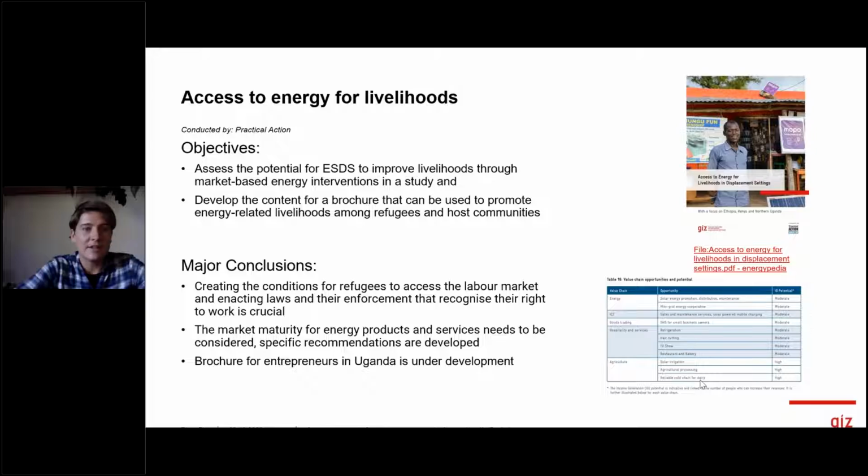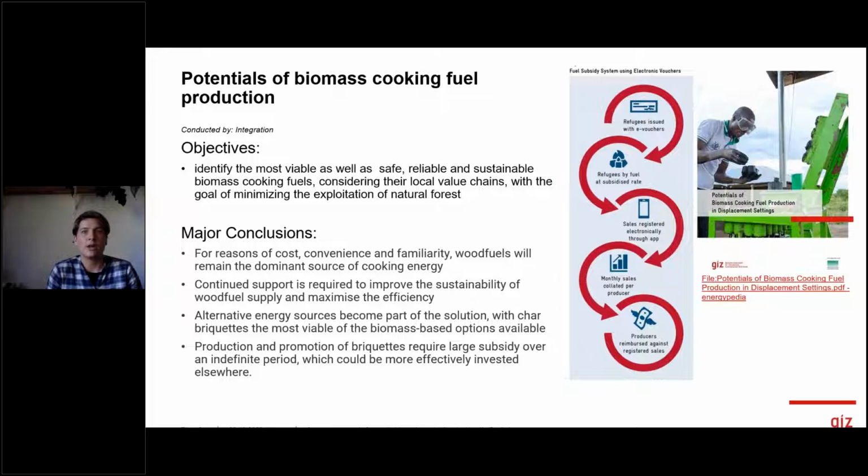And then another study I would like to highlight is a study on the potential of biomass cooking fuel production. So GIZ has been famous for their work in improved cook stoves, but especially in displacement contexts, it becomes very obvious that work on fuel is also needed. It is quite challenging to access any alternative like electricity or LPG.